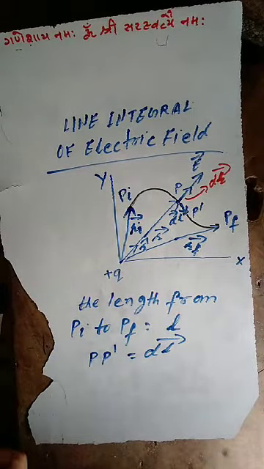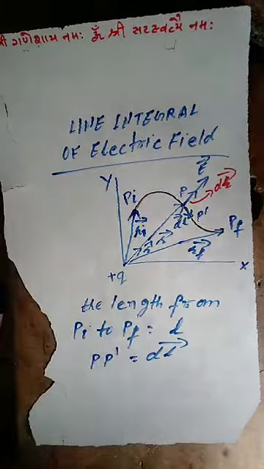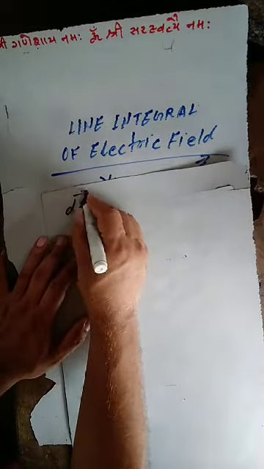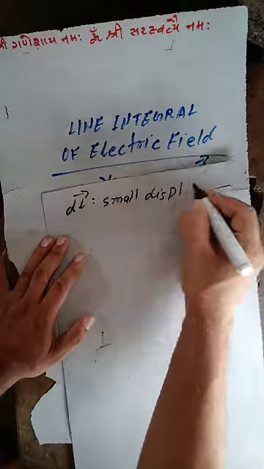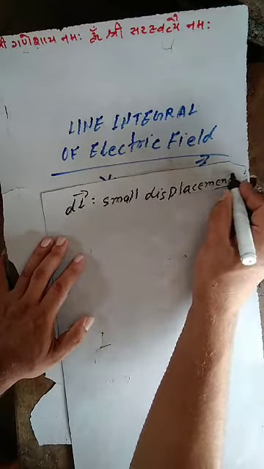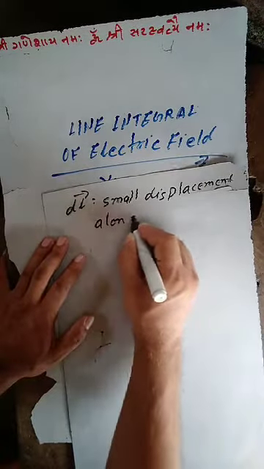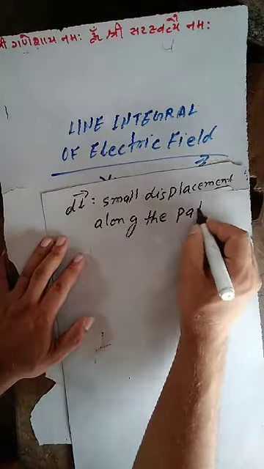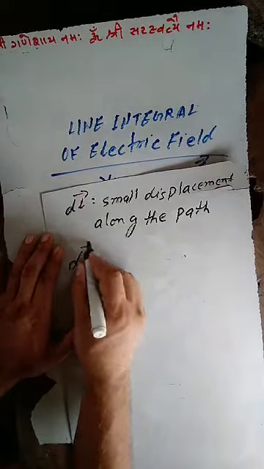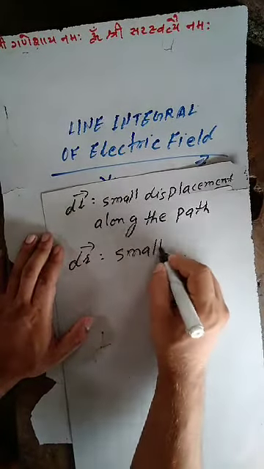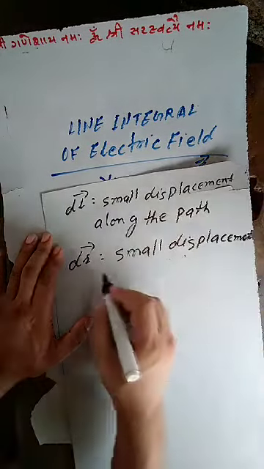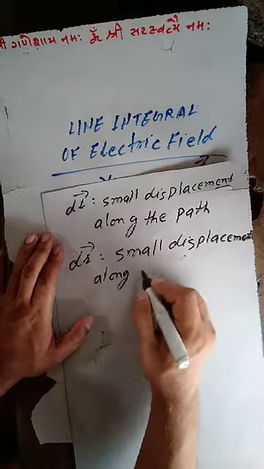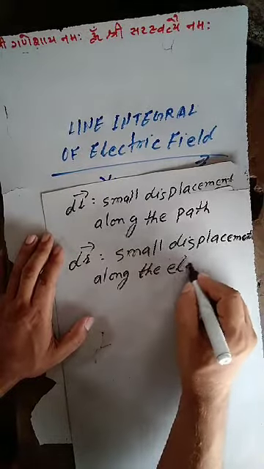So we can write it as: dl is small displacement along the path, and dr is small displacement along the electric field.